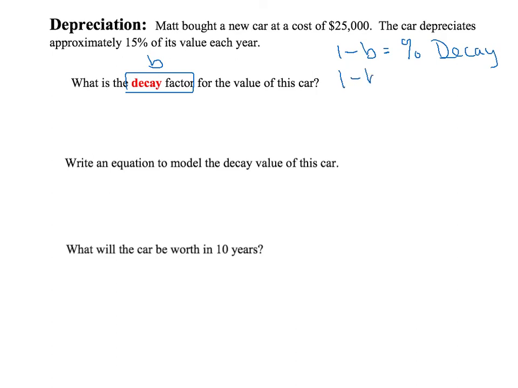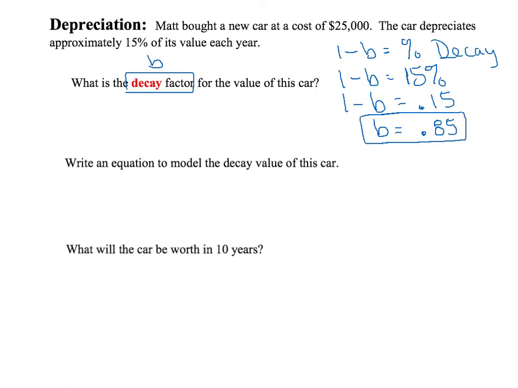So we could say 1 minus b has to equal 15%. In middle school, we learned that 15% is equivalent to 0.15. If I solve for b, I'm going to end up with 0.85. So there is my decay factor. The next thing we're going to do is write the equation to model this decay.